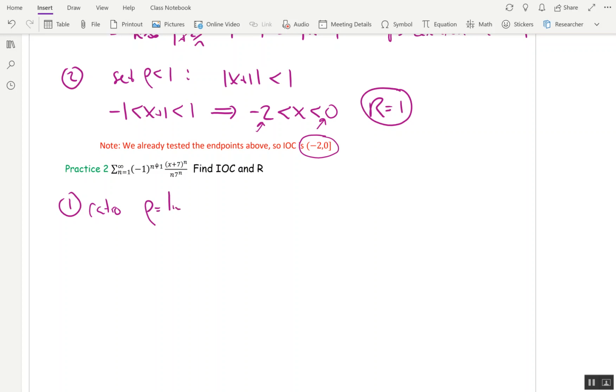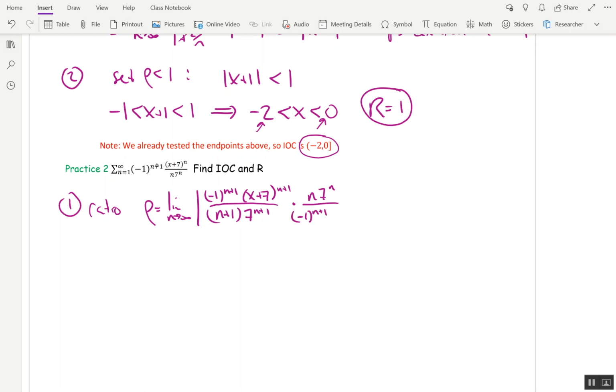Rho is the limit as n goes to infinity of absolute value of (-1)^(n+1), (x+7)^(n+1), over (n+1) 7^(n+1), all times n 7^n over (-1)^(n+1).